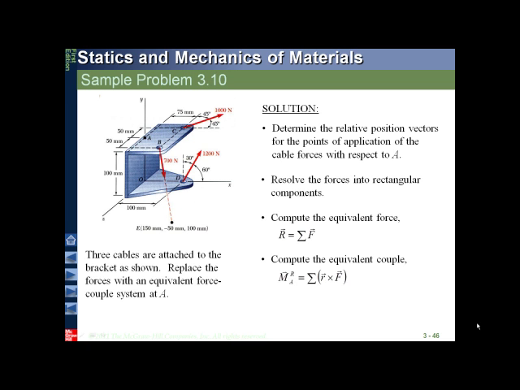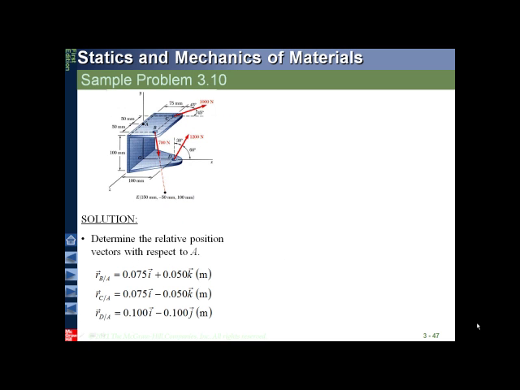We'll add all the i, j, k's up from the various forces to give us a resultant, and then we'll do the cross product, position vector times force, and come up with an equivalent moment about point A.